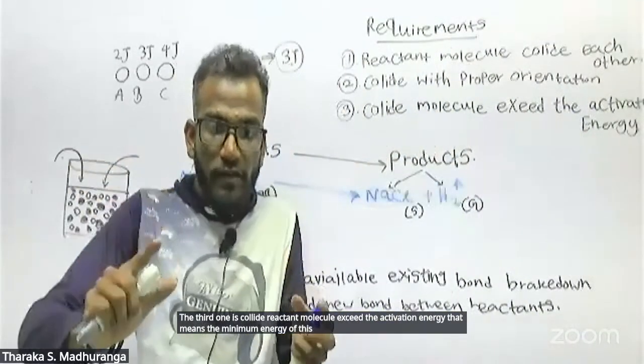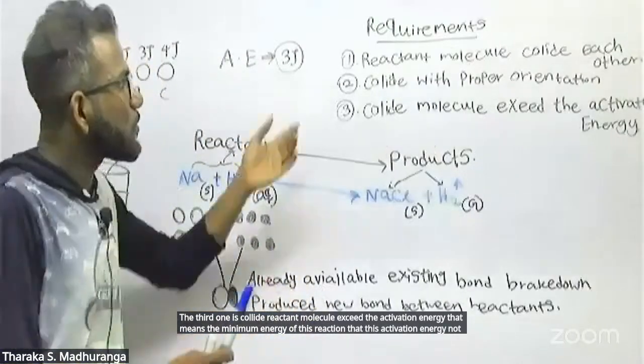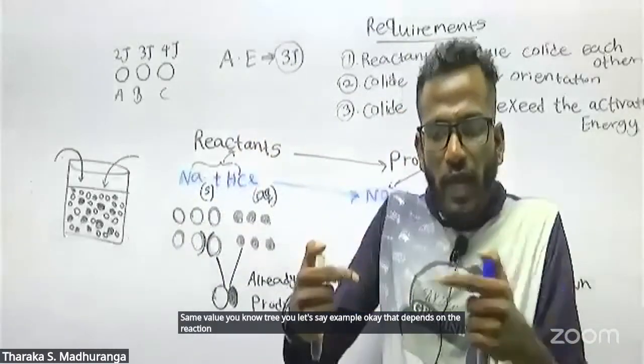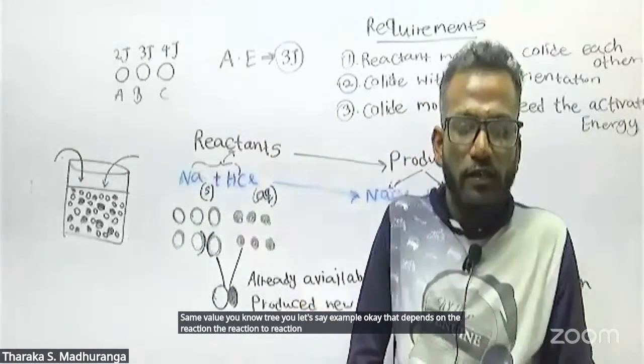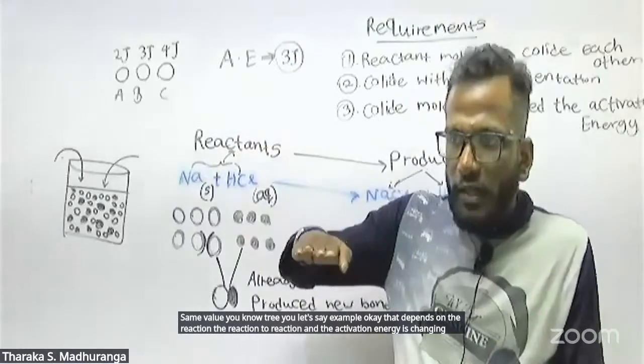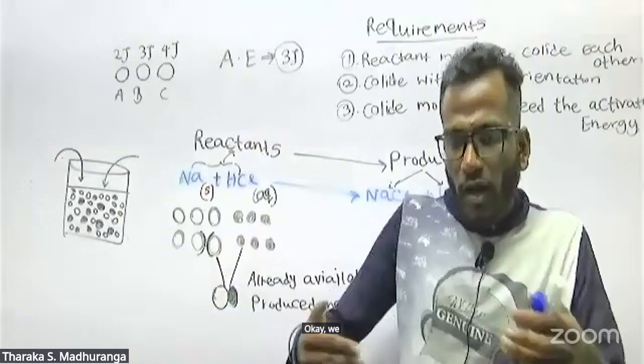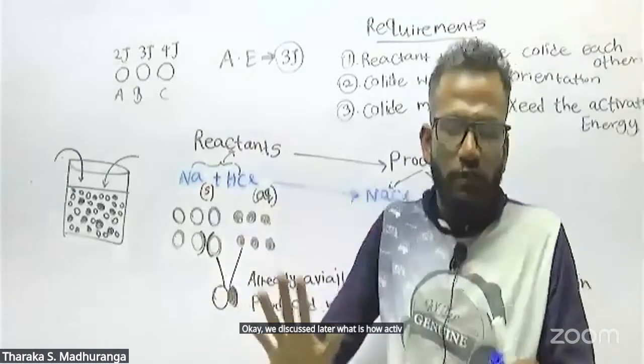This activation energy is not the same value, not 3 joule; that's an example. It depends on the reaction. From reaction to reaction, the activation energy changes, depending on the reaction characteristics. We will discuss later how activation energy changes.